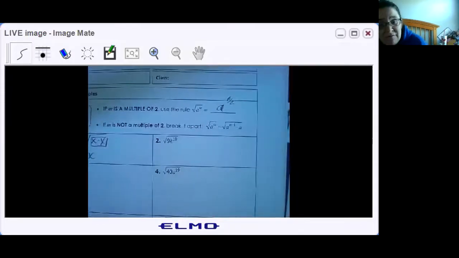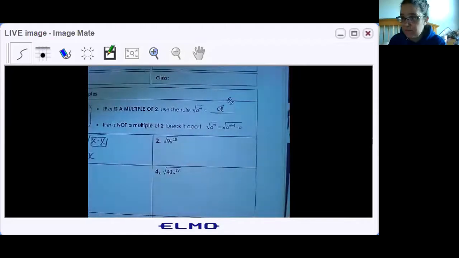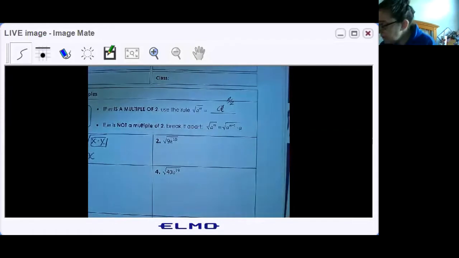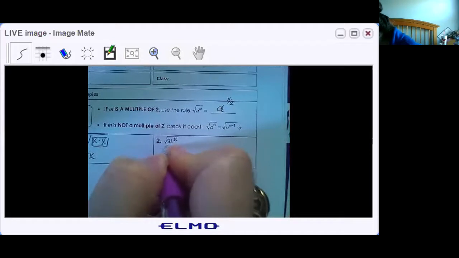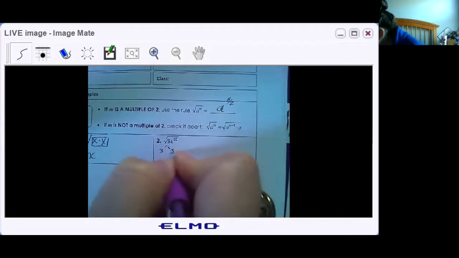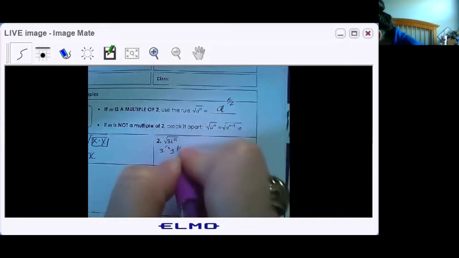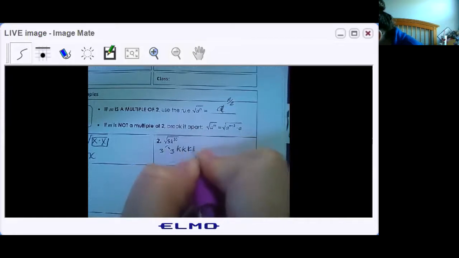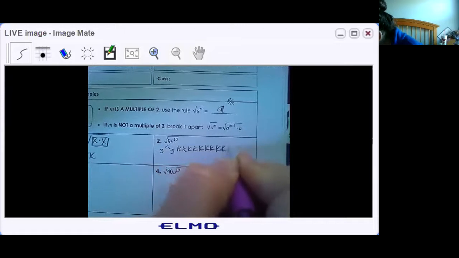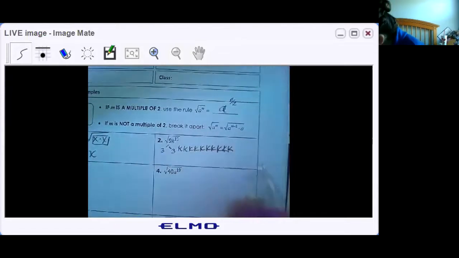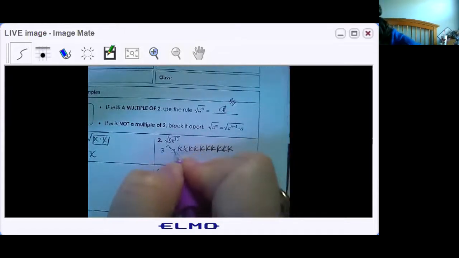But if I have a number and a variable, it still doesn't change my process. First thing I'm going to do is my factor tree. 9 is 3 times 3. K to the 10th, I have 1, 2, 3, 4, 5, 6, 7, 8, 9, 10 K's. I'm looking for groups of 2.